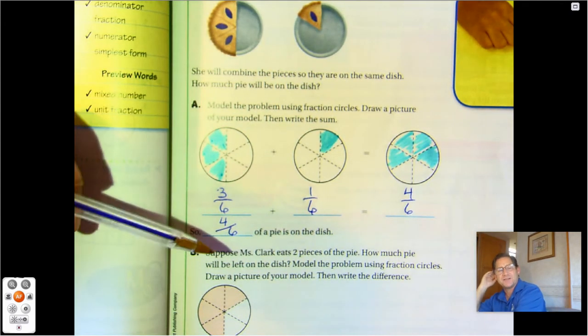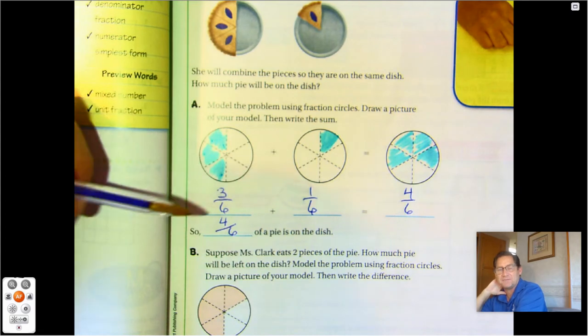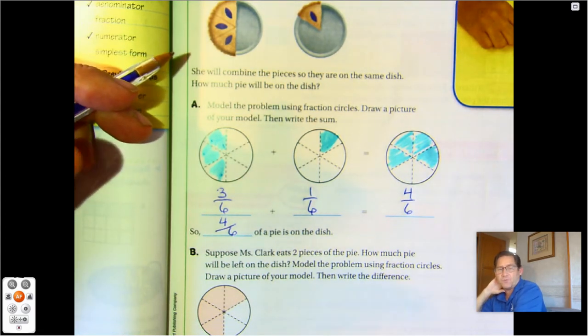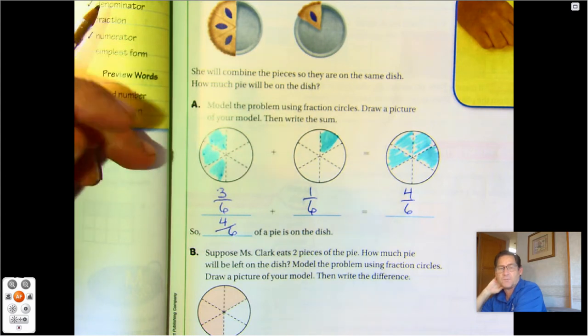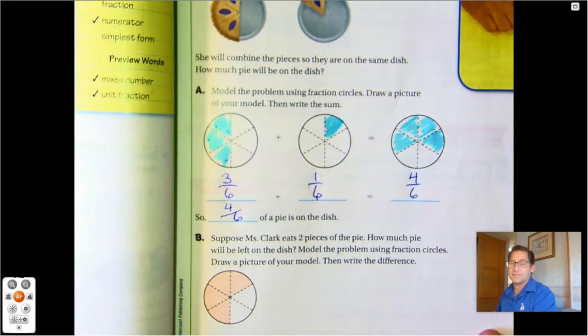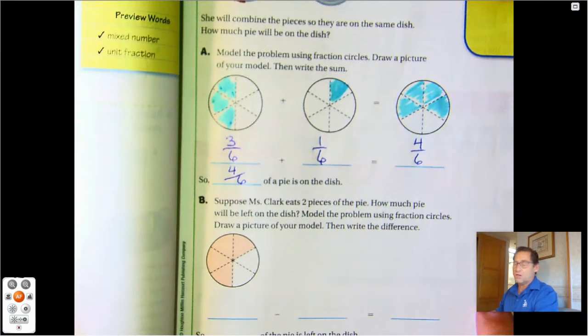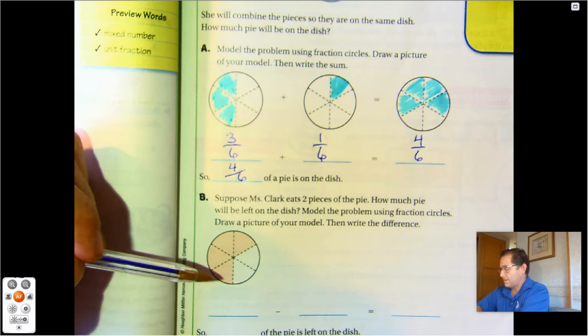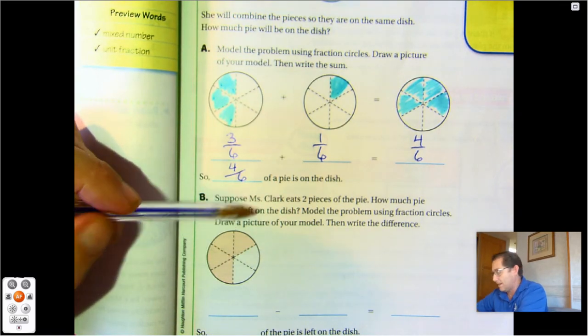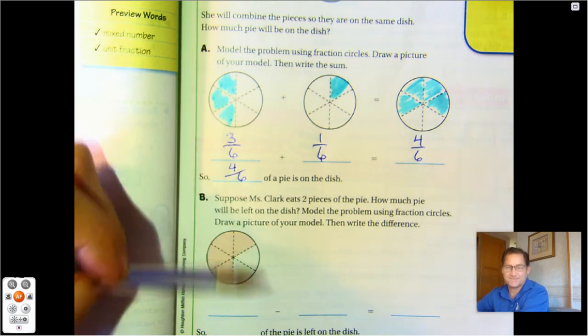And suppose Miss Clark eats 2 pieces of the pie. How much pie will be left on the dish? Model the problem using fraction circles. Draw a picture of your model, then write the difference. Remember, difference means subtraction. So here I see 6 pieces in the pie. Sixths.